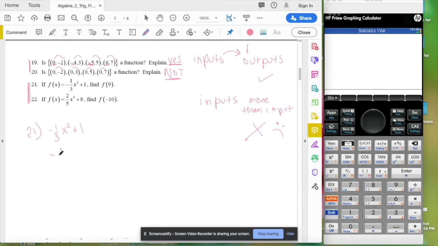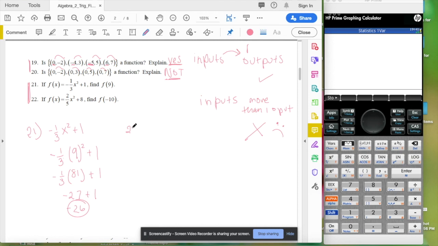So -1/3 times 9 squared plus 1, which is -1/3 times 81 plus 1. -1/3 times 81 gets us -27, plus 1, and that will get us -26.